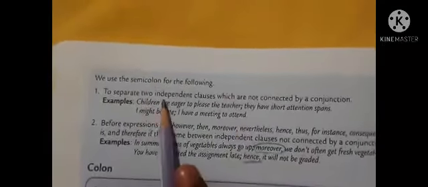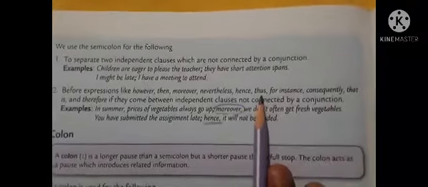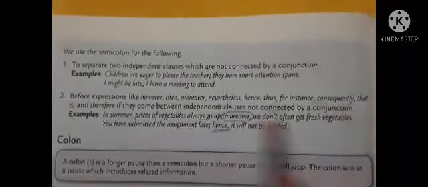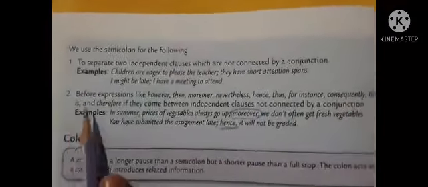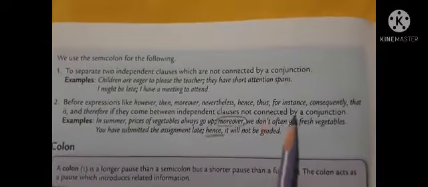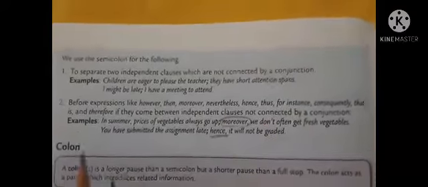Secondly, we use semicolon before expressions like however, then, moreover, nevertheless, hence, thus, for instance, consequently, that is, and therefore, if they come between independent clauses not connected by a conjunction.